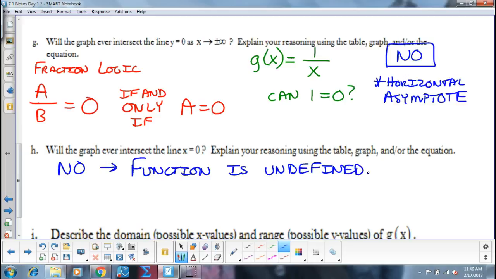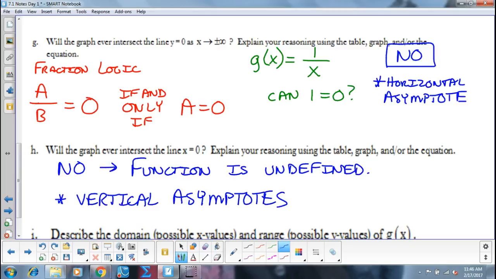Okay. Places where my function is undefined give me vertical asymptotes. Vertical asymptotes are of the form x equals some number. It's the spots that won't let my function work, like you were doing in the warm-ups.